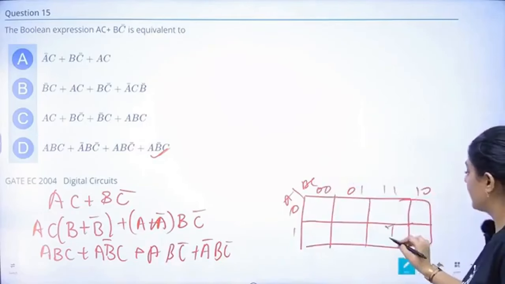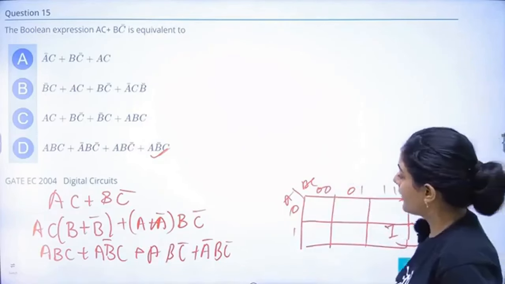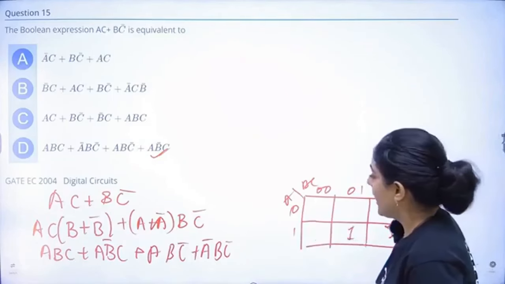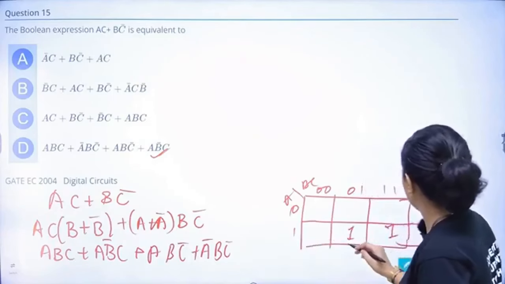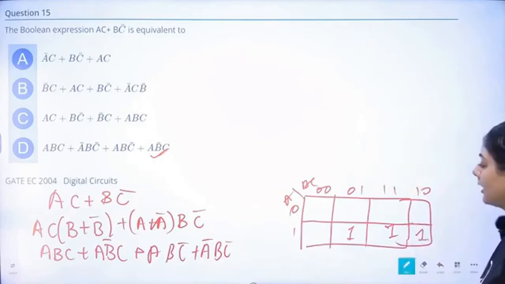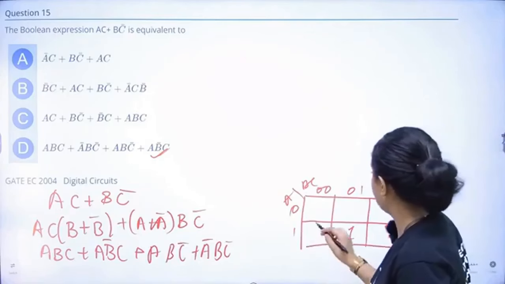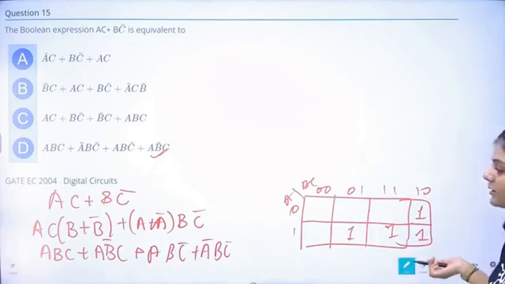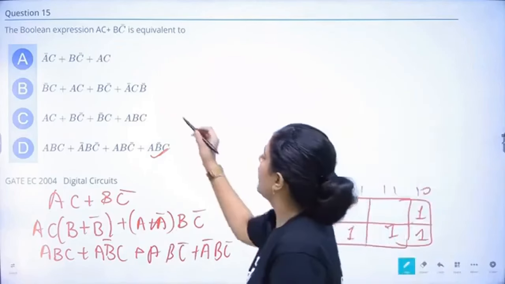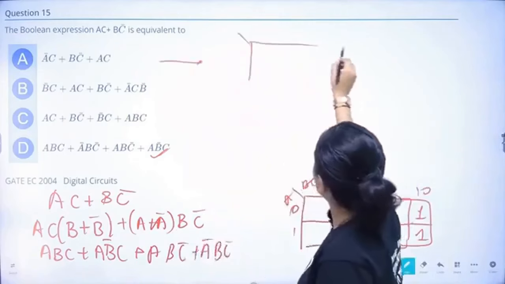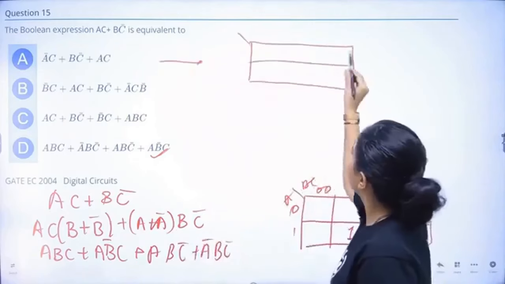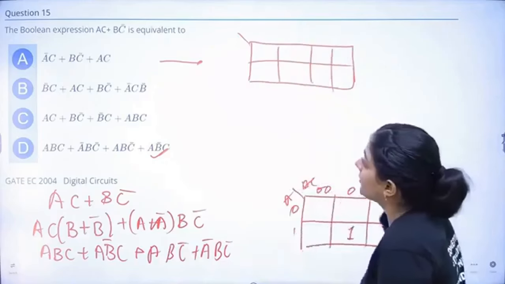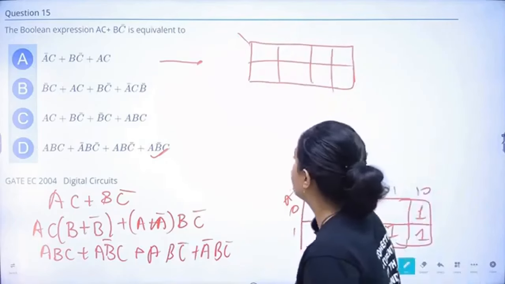AB bar C, so A bar, and the last one is B bar.